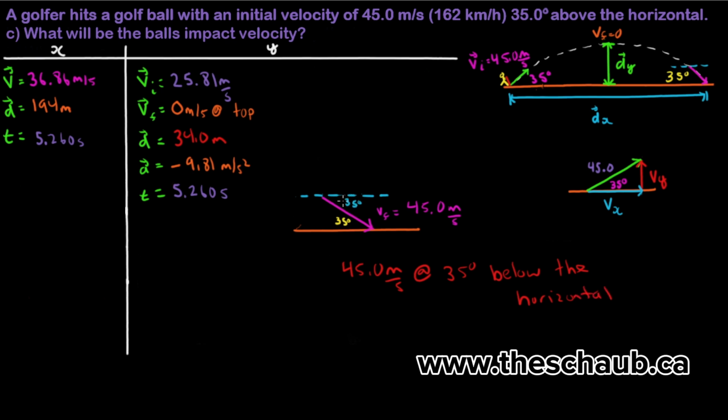We say below the horizontal because if you were to continue this vector through the plane here, this would be your 35 degree angle here, and this angle is below the horizontal. It's just easier to add a hypothetical line up slightly above the impact vector to show our below the horizontal. So our 35 degrees below the horizontal. This should make sense with our initial launch velocity being 35 degrees above the horizontal.